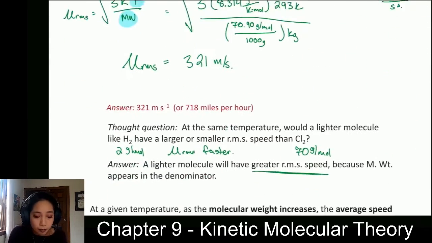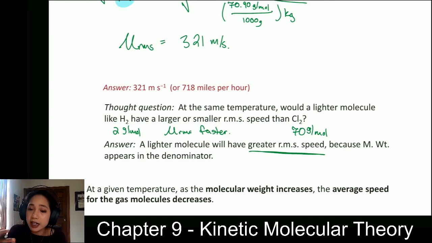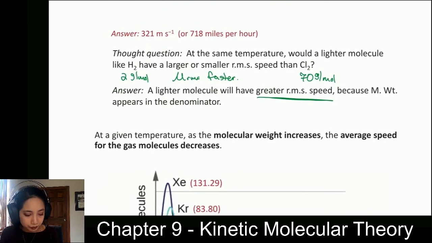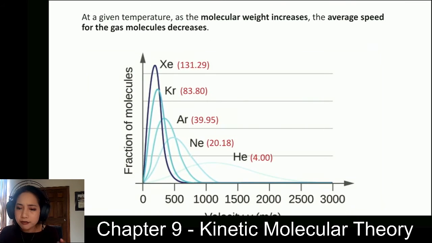In both of these samples, the kinetic energy is the same. But what's different is how fast the molecules are moving, and that's due to the masses of the particles themselves. So that's how we can think about these Maxwell-Boltzmann distributions based upon different molecular weights of species, if we have different substances in our balloon but under the same conditions.